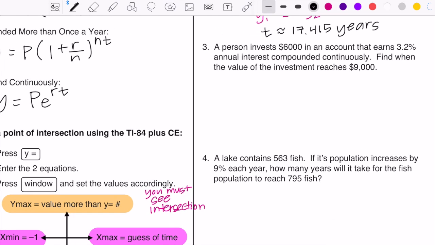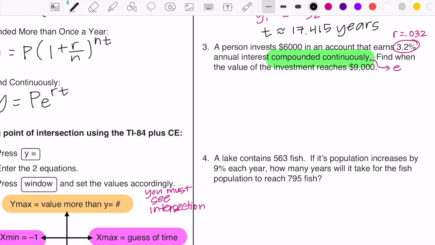So let's see. This next one says a person invests $6,000 into an account that earns 3.2%. So 0.032 is our rate, compounded continuously. So once I see the word continuously, I know it's the E one. And we're finding when the investment reaches 9,000.